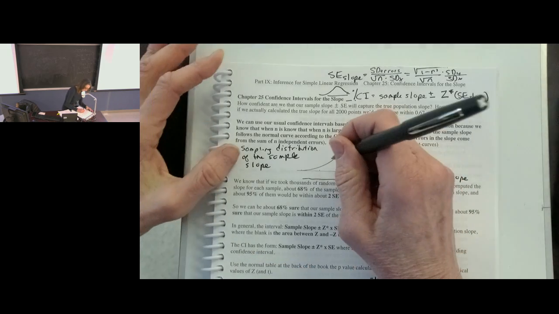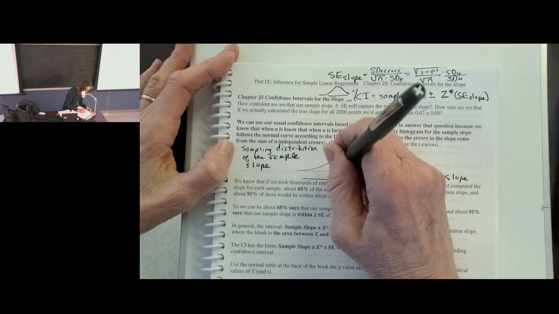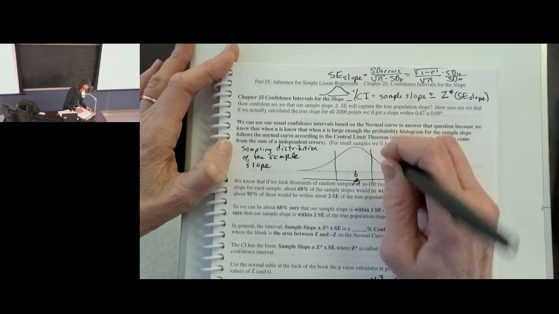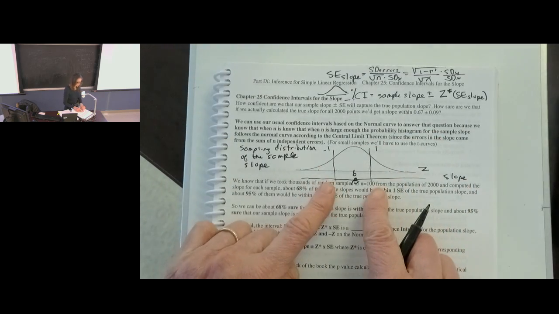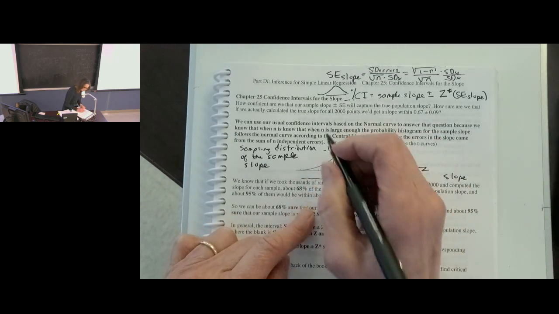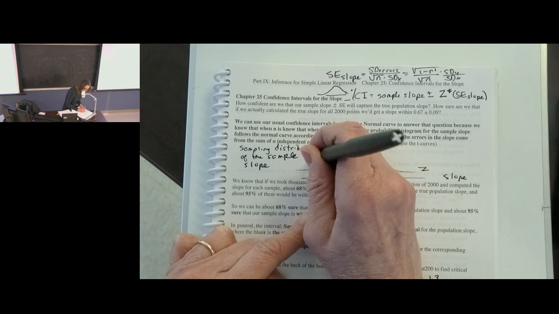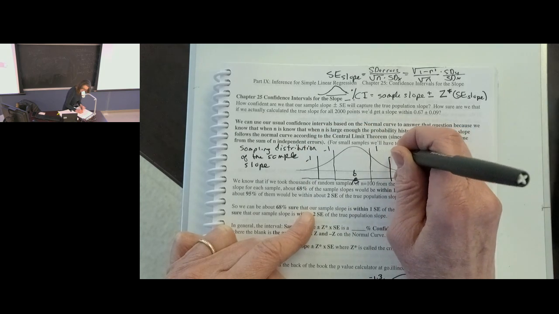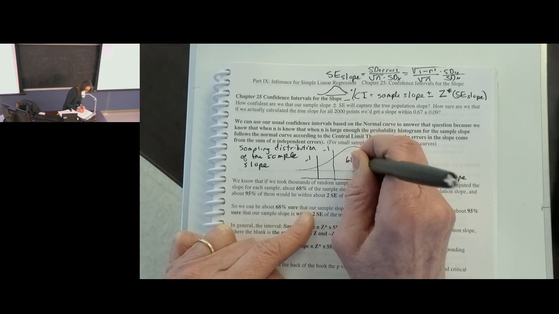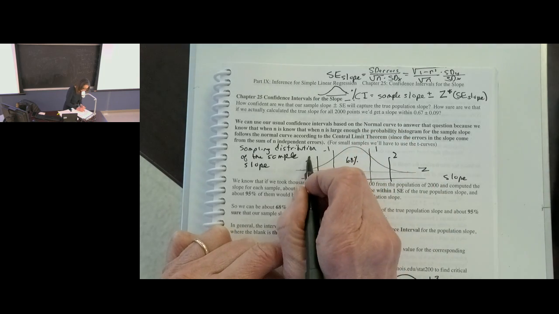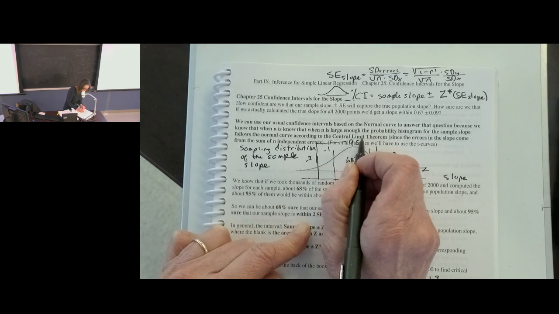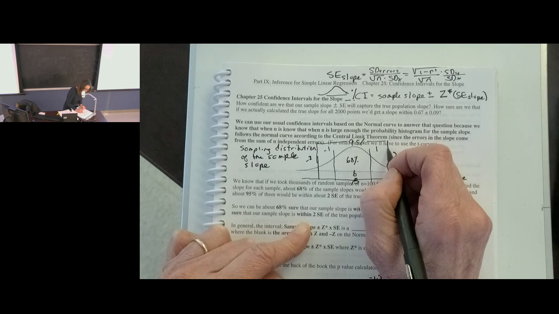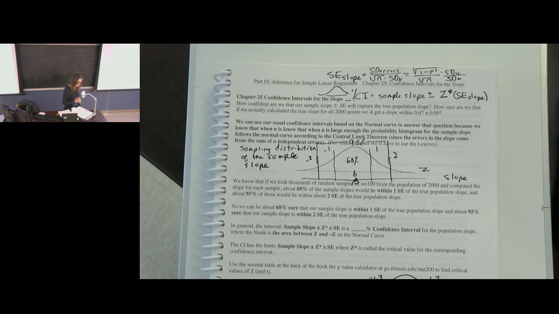Then 68% of the time we'd be between 1 and -1 standard error of the slope, and here we'd be at -2 and 2. This is 68% of the time, and this is 95% of the time, between 2 and -2. That's all we're doing.